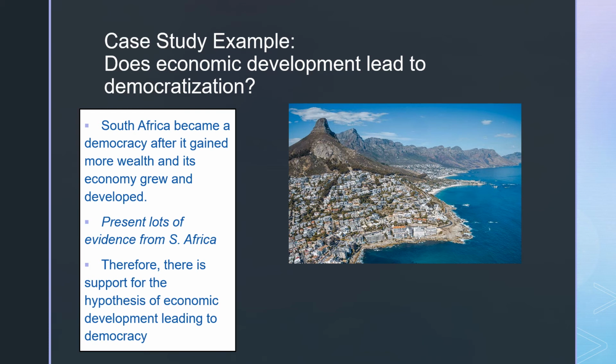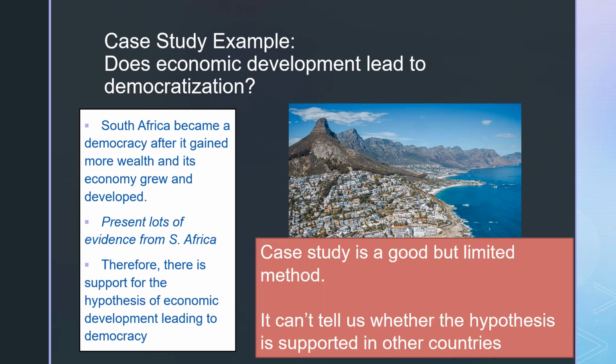We could say that South Africa supports that, but remember, it's just one case. Case studies have a lot of weaknesses to them. It's a limited method. It can't tell us whether the hypothesis is supported in other countries. And as we already pointed out, India is a contradiction of this same hypothesis. So if all we studied was India, we wouldn't be able to support our hypothesis. If we just study South Africa, we would.